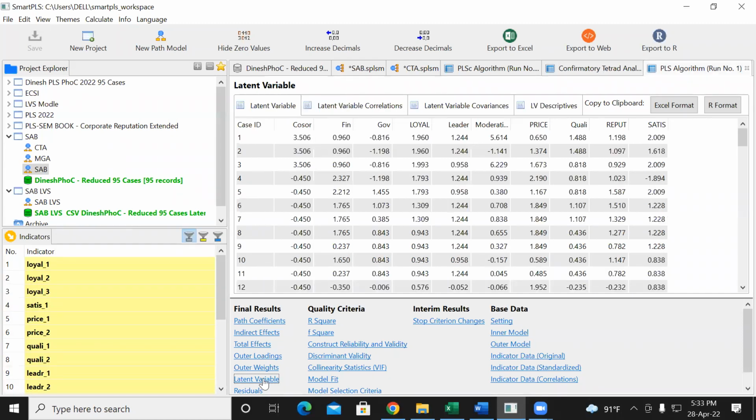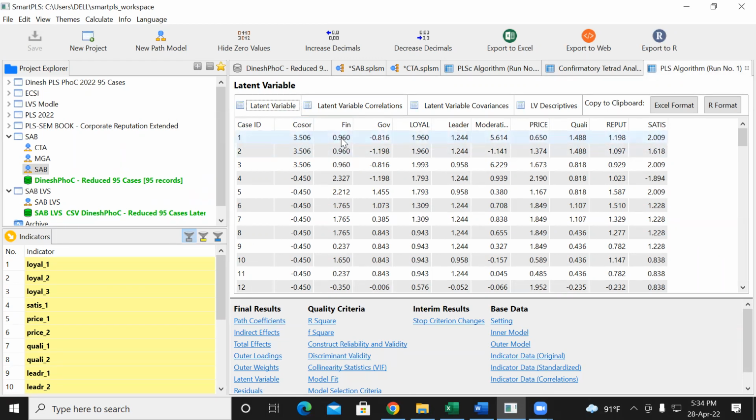You can see it in the final results. Here there is something called latent variable, first one, latent variable scores. Now you get one value for corporate social responsibility. You had 2 indicators, no? But now 2 indicators narrow down into 1 value. Do you see there? Yes.